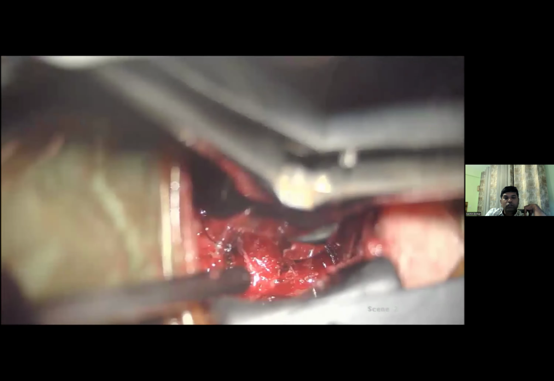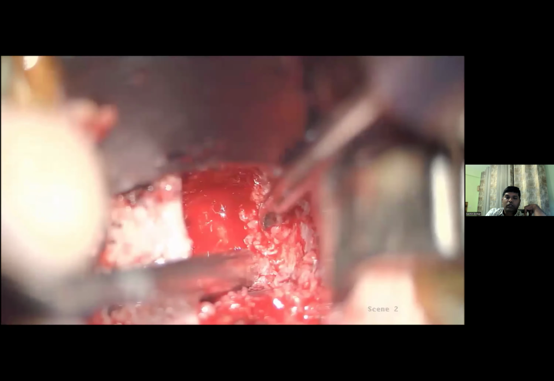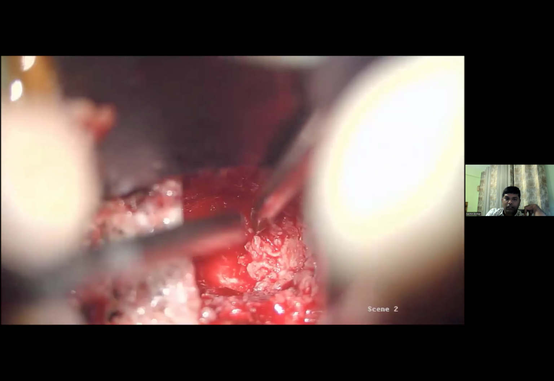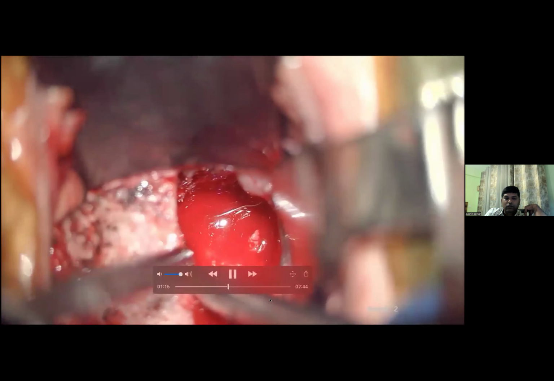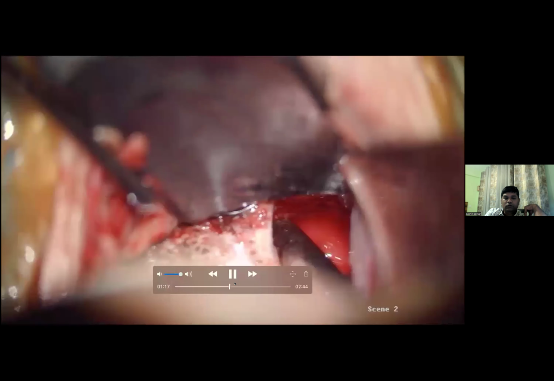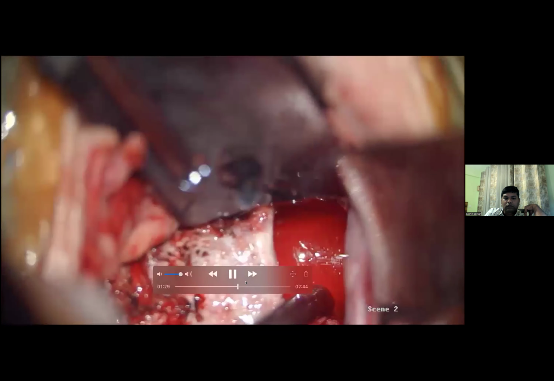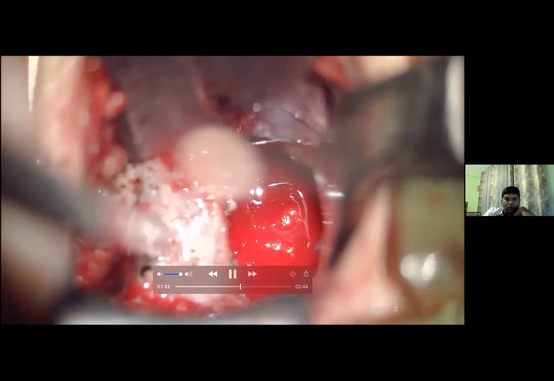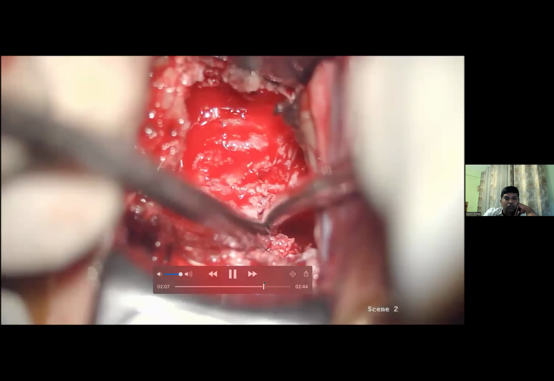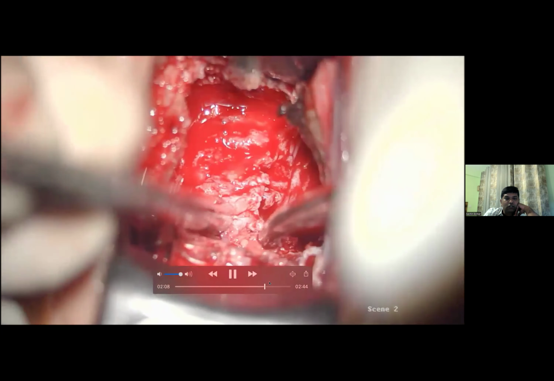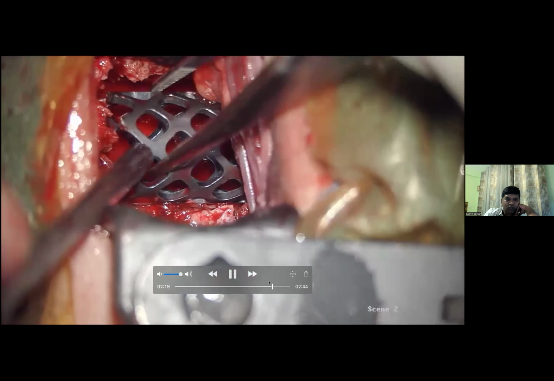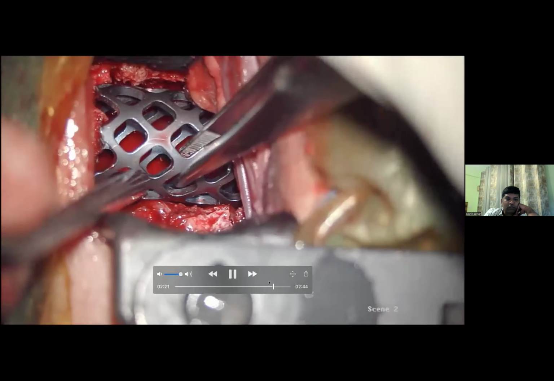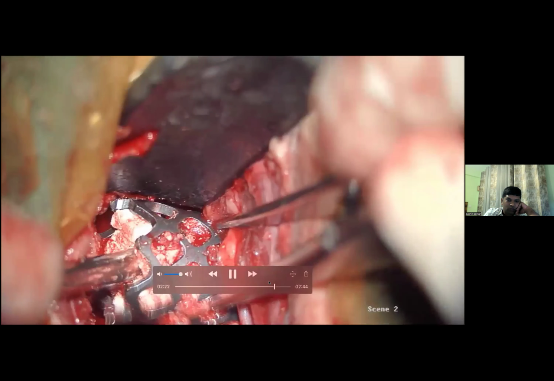Once we do this, we decompress the same way, remove the body, both the discs, and the PLL, and then put an interbody cage, basically a mesh cage, as put in this case. I'm just hurrying. So the mesh cage, the sizer, then put the bone graft which you harvested, and over that put a plate.